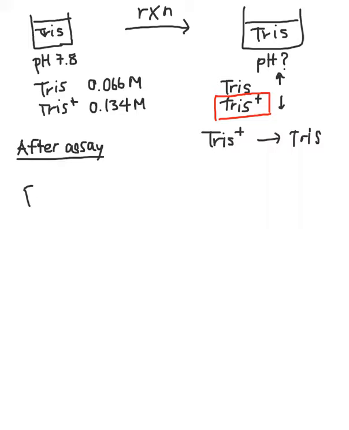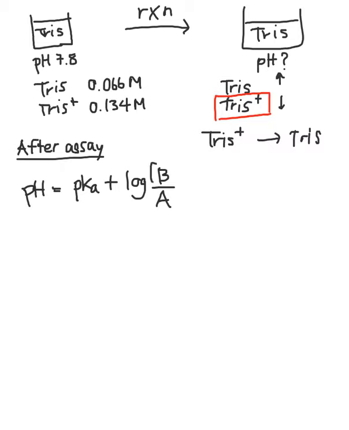To calculate the final pH, you have to use the Henderson-Hasselbalch again. Since we already talked about the modified version of Henderson-Hasselbalch, I would like to use the modified version here. So start from the original version here, B over A. As I mentioned, when the reaction occurs and the proton is consumed, it will decrease the acid ratio of your Tris species.